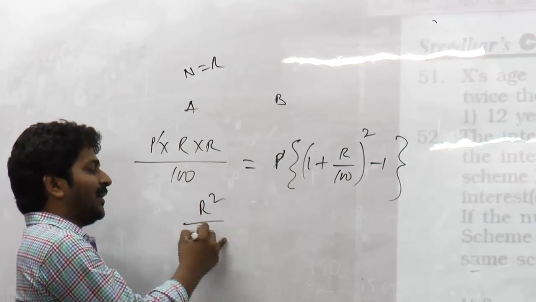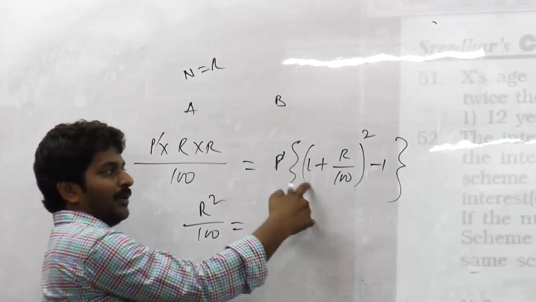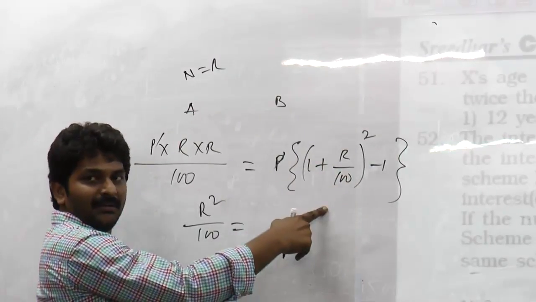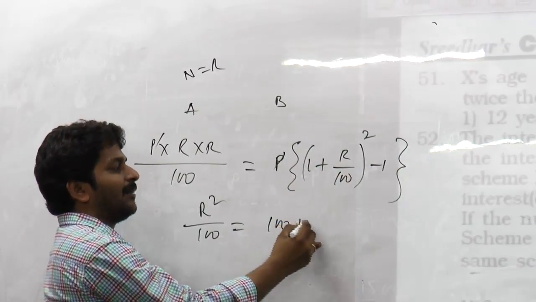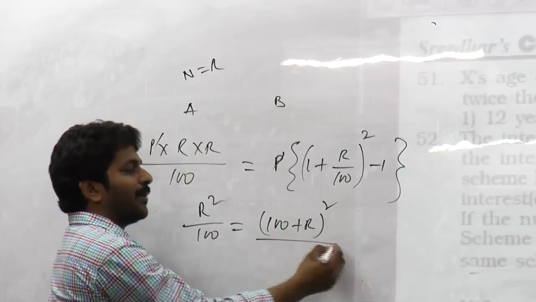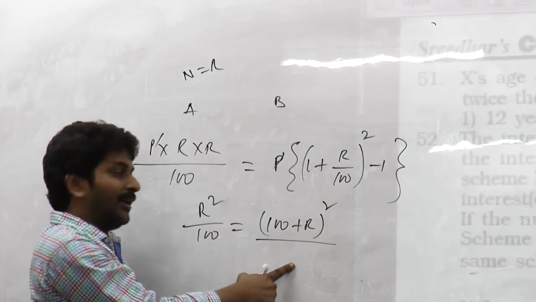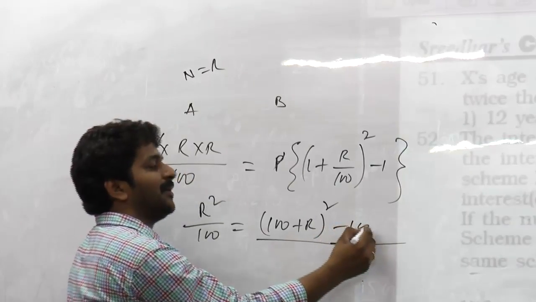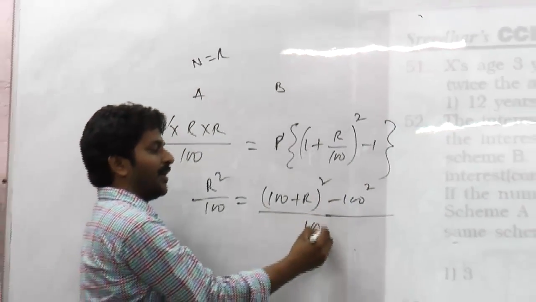So r square by 100 is equal to, let me take 100 common here. This becomes (100 plus r) whole square by 100 square. Take 100 square common, it becomes minus 100 square by 100 square.